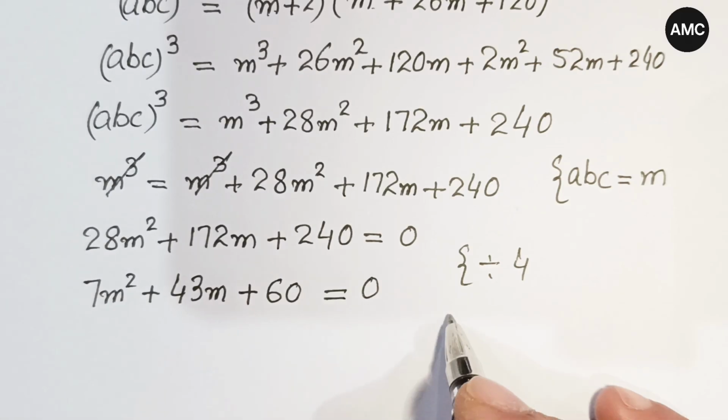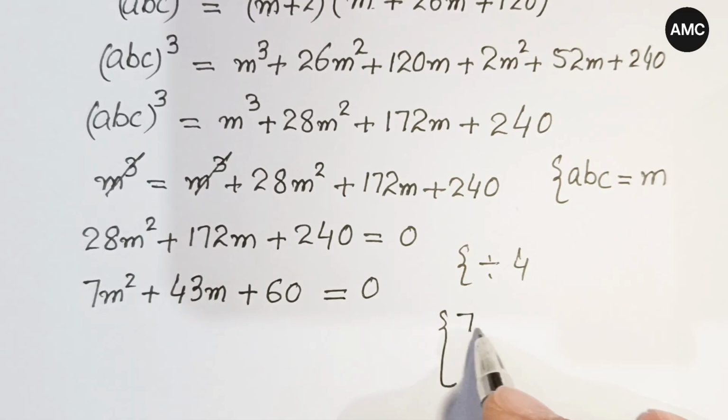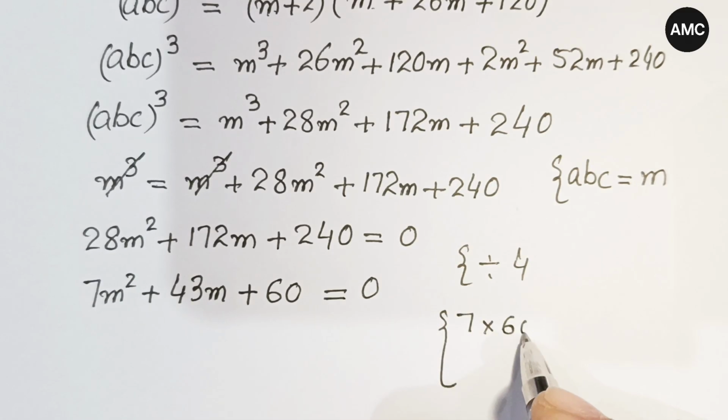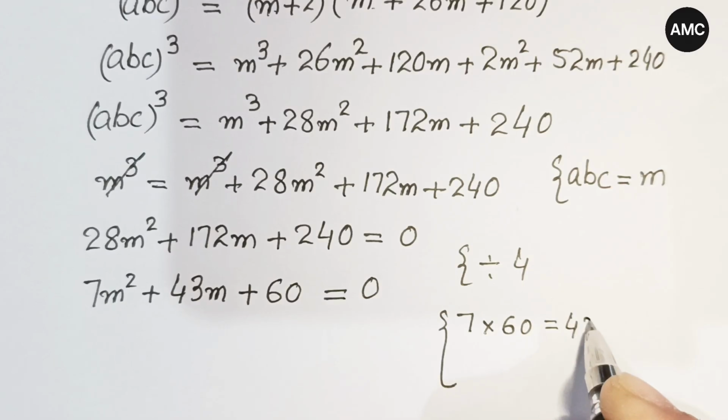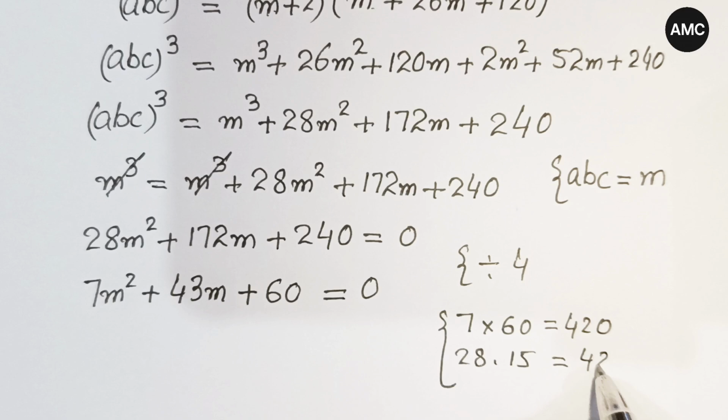Now as we know, the product of 7 times 60 is equal to 420. And we also know that if we multiply 28 times 15, it is equal to 420.